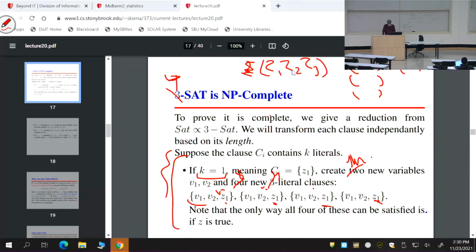If there was a way we could convert them into a bunch of equivalent clauses of size 2, that would mean 2-SAT was hard, right? Can we?